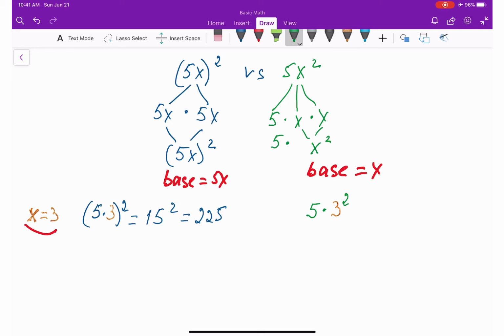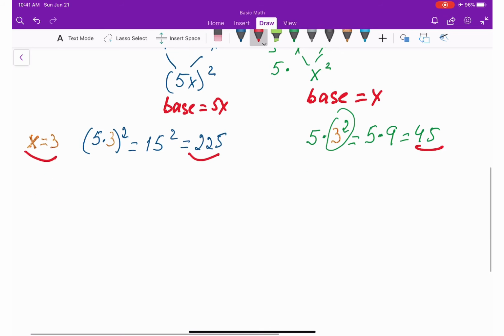As you know, in the order of operations first comes power and then multiplication. So we do 5 times 3 to power 2, which is 9. So we get 45. Look what difference parentheses make. So this is 225, this is 45.